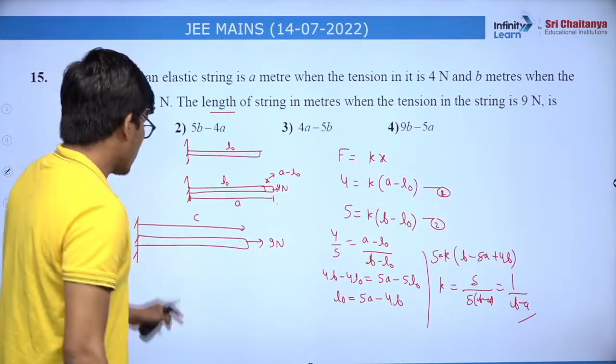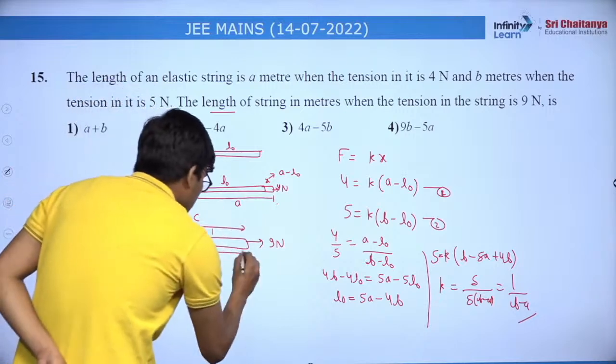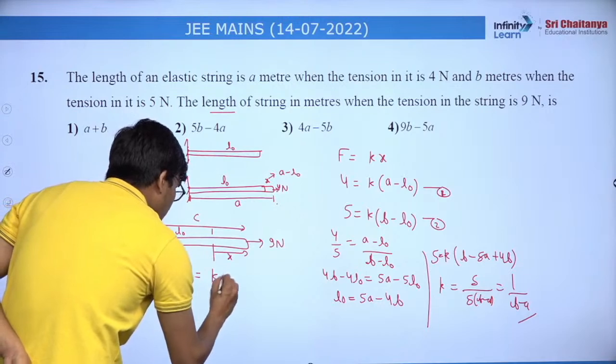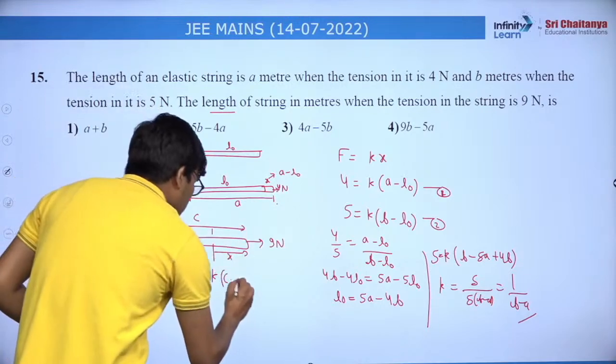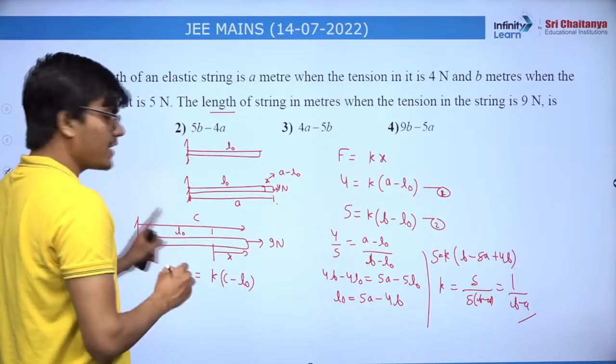So let's say natural length was L0 and extension is X. The force is equal to K times extension. So if total length is C and this is natural length, the extension will be this, and I need to find the C value, right?